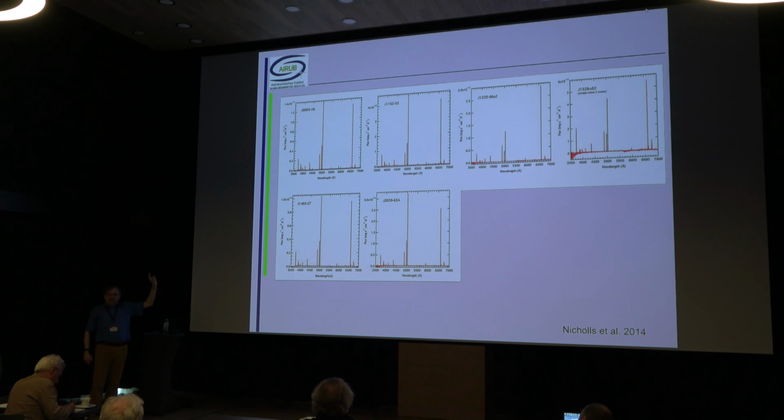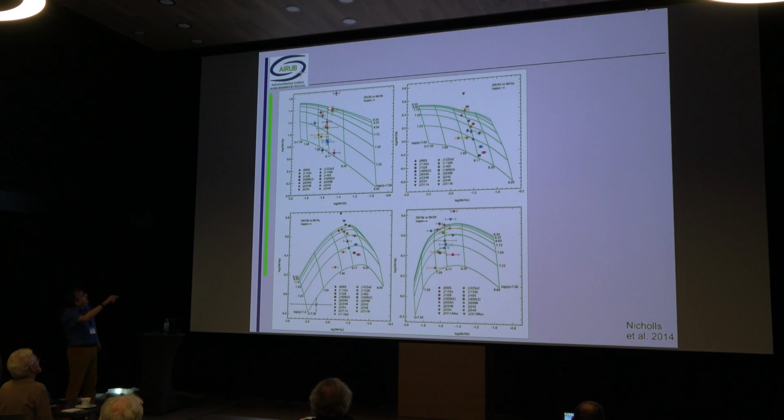And then you can calculate, or let the software calculate, model grids, and you put in your measurements. And you see here, this is oxygen 3 to sulfur 2, nitrogen 2 to oxygen 2. These are all bright lines, and all these are bright line ratios. And you can now see where these galaxies fall in theoretical predictions for metallicity.